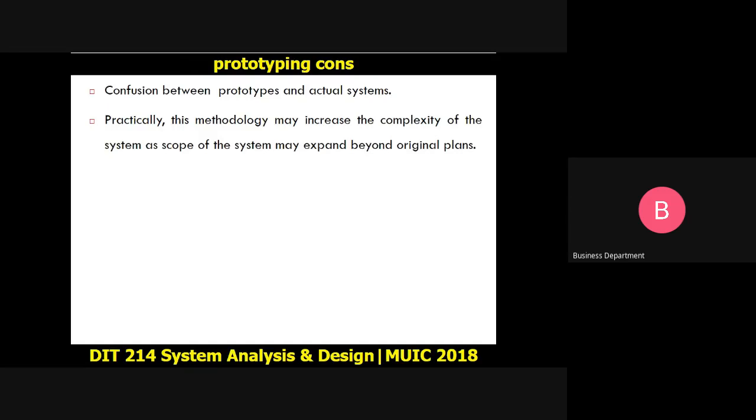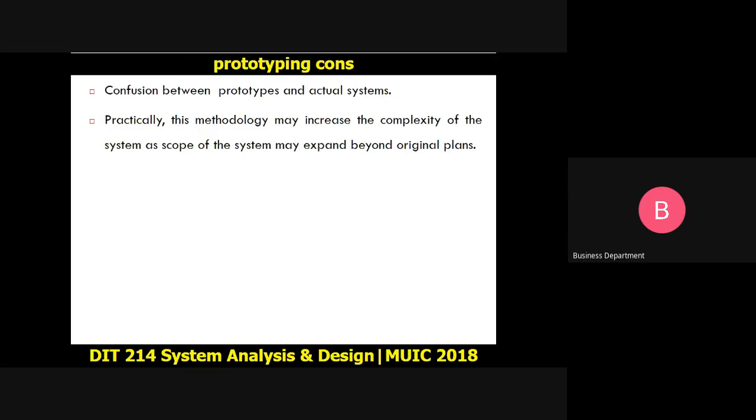Prototyping can also increase the complexity of the system scope and may expand beyond the original plans. I don't know whether you have ever dealt with the user. Today they tell you, I want this one to be done in the system. Then after you have implemented it, they tell you again, go back to the previous design.